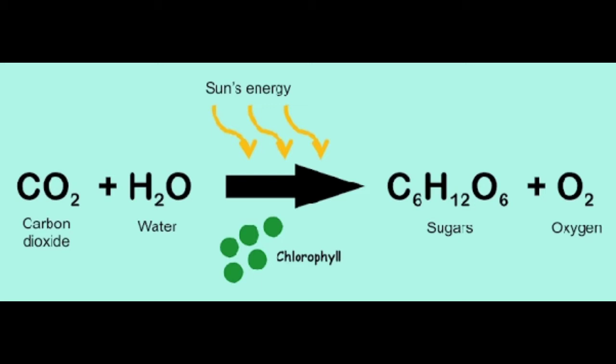During the dark stage, the ATP and NADPH formed in the light-capturing reactions are used to reduce carbon dioxide to organic carbon compounds. This assimilation of inorganic carbon into organic compounds is called carbon fixation.